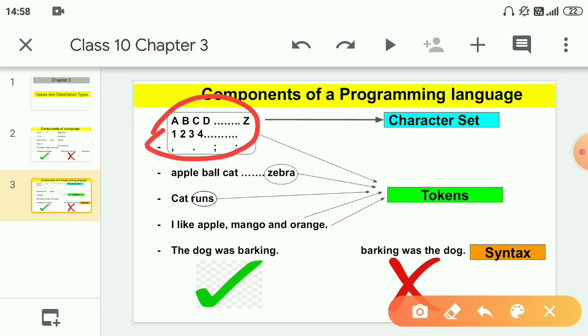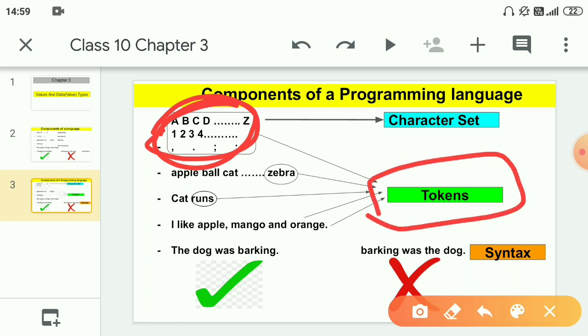Combining the character set and all the words like public, static, class, we form tokens. And how these different tokens can be combined, that rule is provided by the syntax.